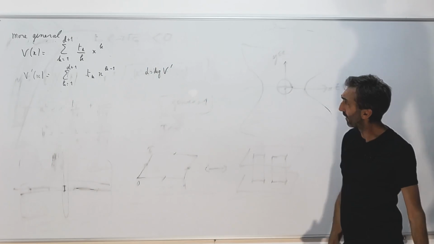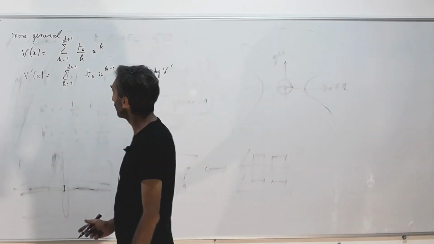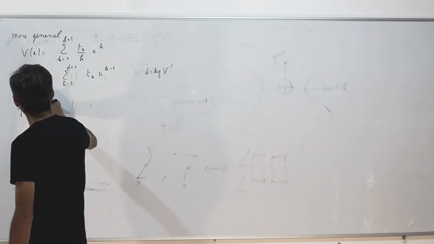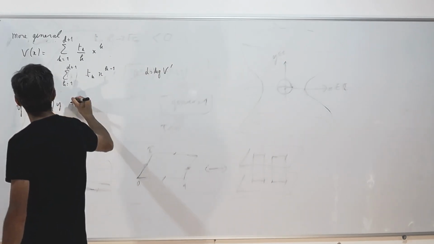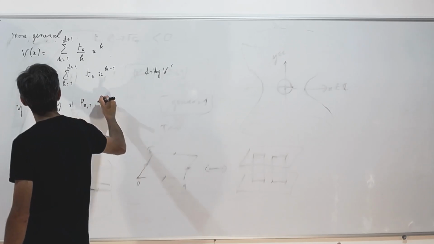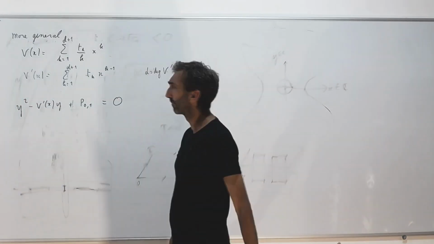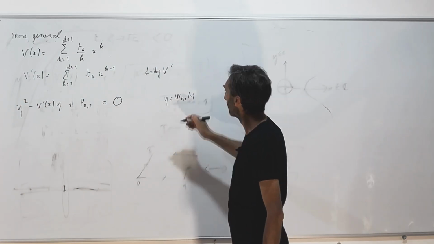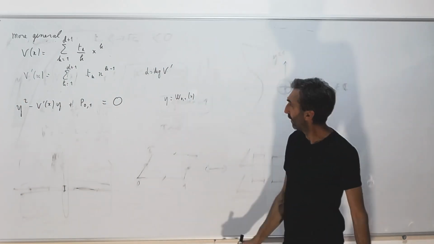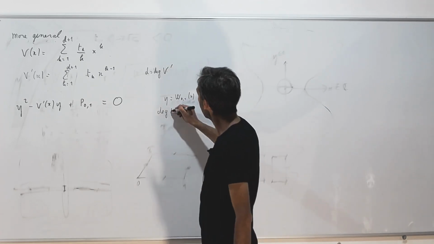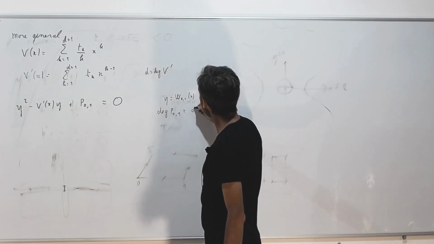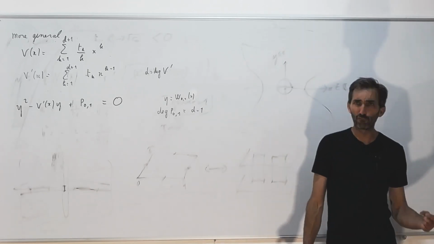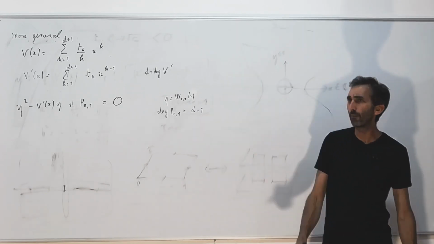And so I told you that the equation usually will be something like y squared minus V prime of x, y plus P01 equals 0, where y equals W01 of x. And the degree of P01 equals d minus 1. And in fact, you also know the leading coefficient. The leading coefficient of P01 has to be the same as that of V prime.